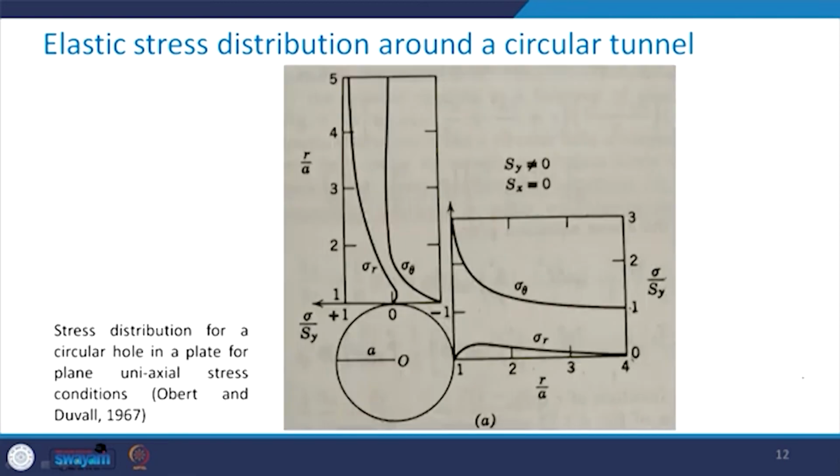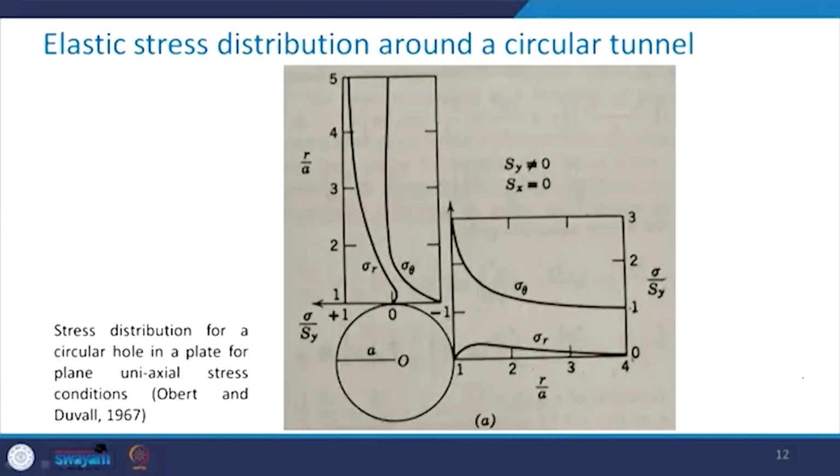Now, whatever are the expressions that we obtained in the form of equation number 12, that is the expressions for sigma r, sigma theta and tau r theta, the variation of those stresses has been shown here in this figure.